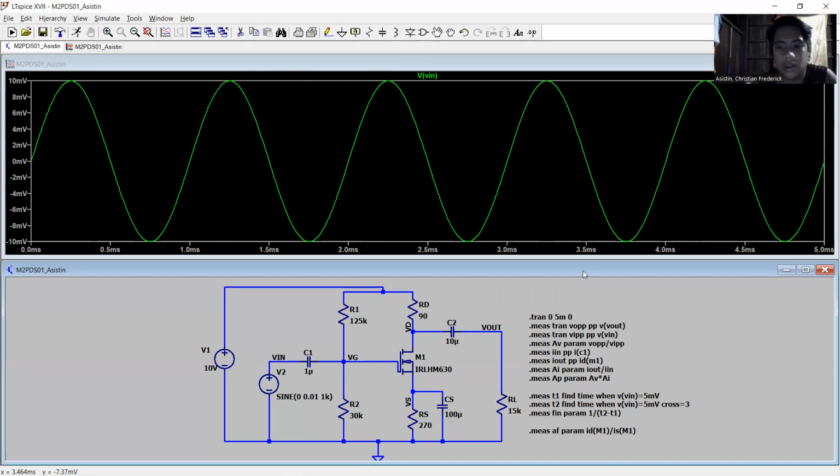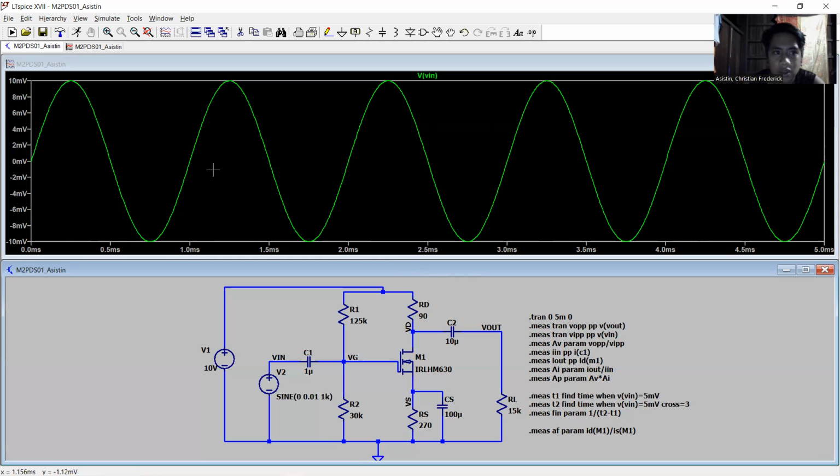So as you can see here, if you put the commands, you can easily look for the values that you're looking for, just like this VOPP, VIPP, just like those.